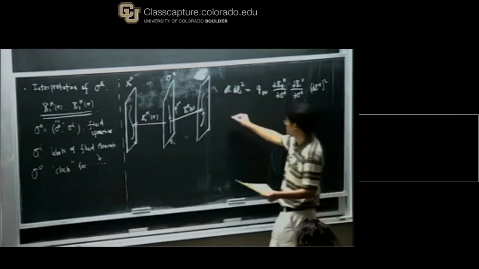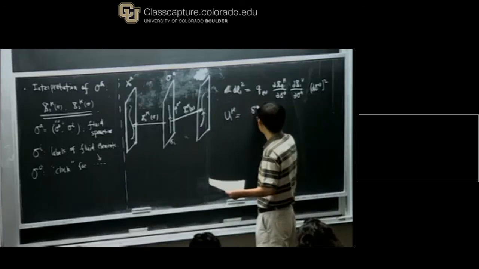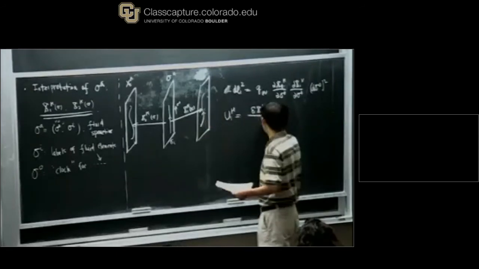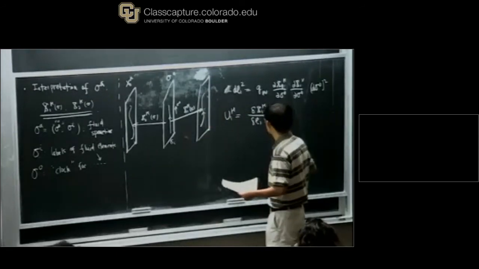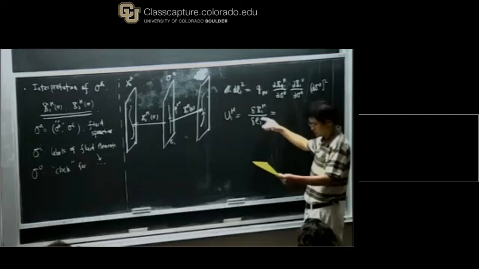Then we define the corresponding velocity u1 to be just the motion here, delta X1 mu, divided by this proper time, by definition.